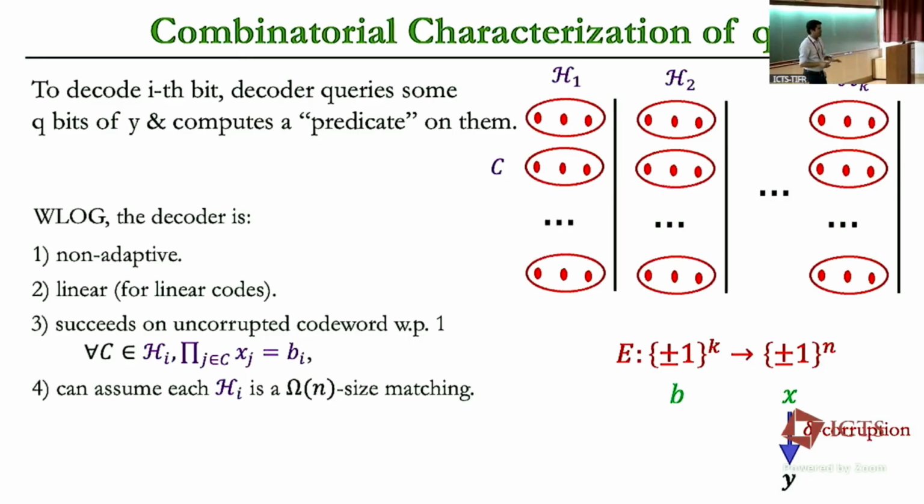Because if you overly query some single bit, then you are basically hinting to the adversary that they should corrupt that bit because that bit is more important than the others. So you expect that all bits have to be equally important. And all bits being equally important, roughly speaking, is like the LP for matching.